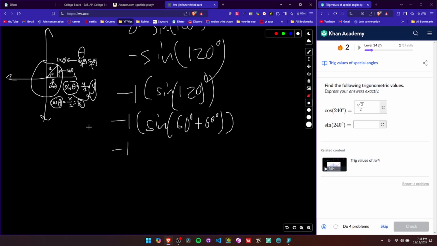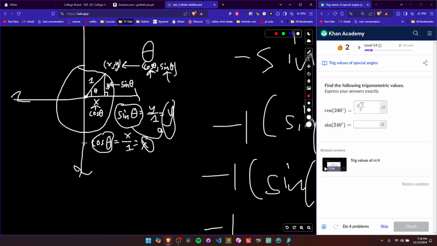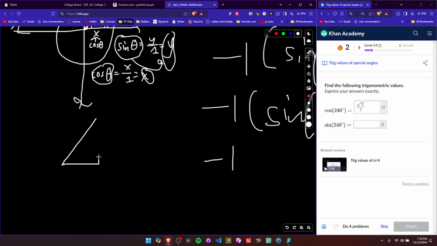So what we can do is make a triangle. Let's suppose that this triangle is a right triangle. It's a 60 degrees, 30 degrees, and 90 degrees triangle. So this has special properties.